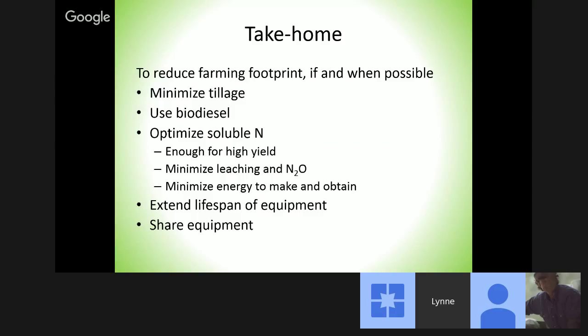For instance, our smallest farm has 3 tractors, and they need those different tractors a few times a year, and they do different operations. But if they could share those tools with other farms, their own farm footprint would be much smaller.